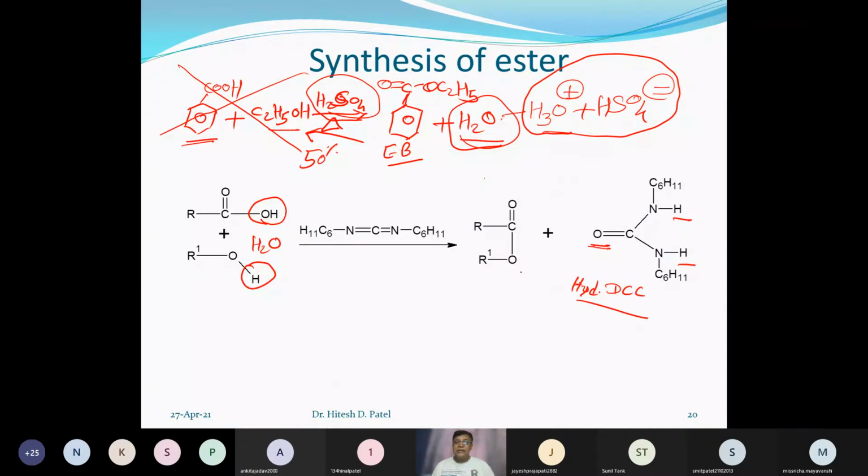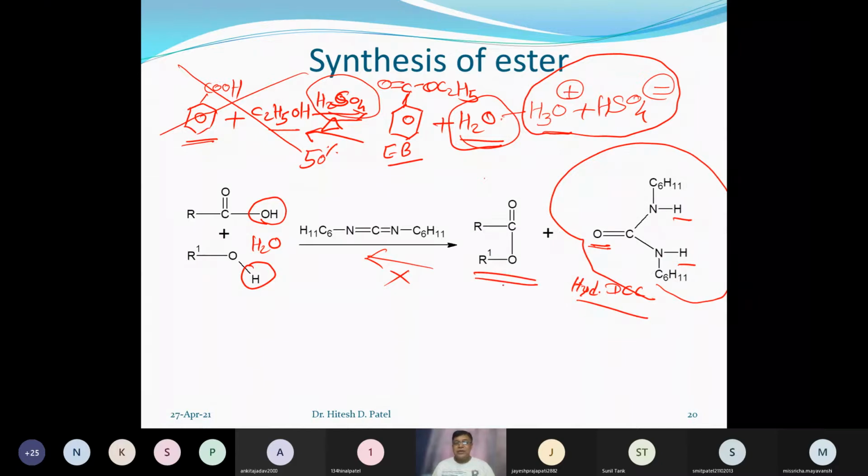This hydrated DCC means whatever water is generated by the reaction between acid and alcohol is trapped or absorbed by our reagent, and that's why the reversible reaction will not take place. And when the reversible reaction does not take place, it means we get 100% conversion, or 100% yield, with the support of DCC.